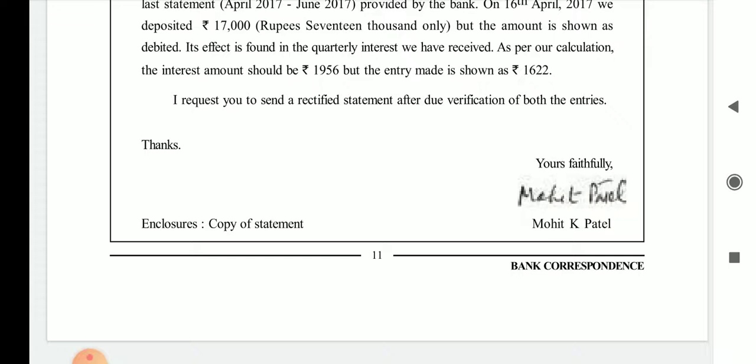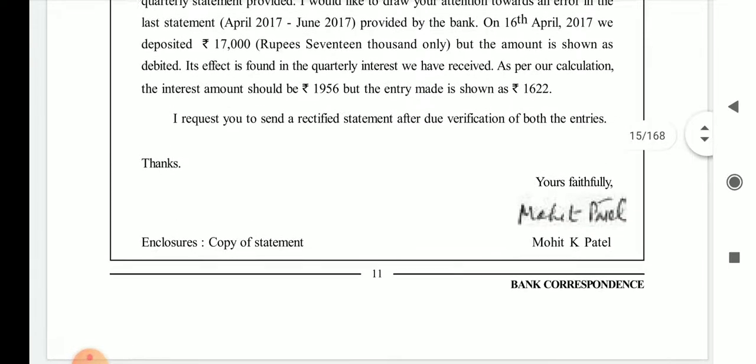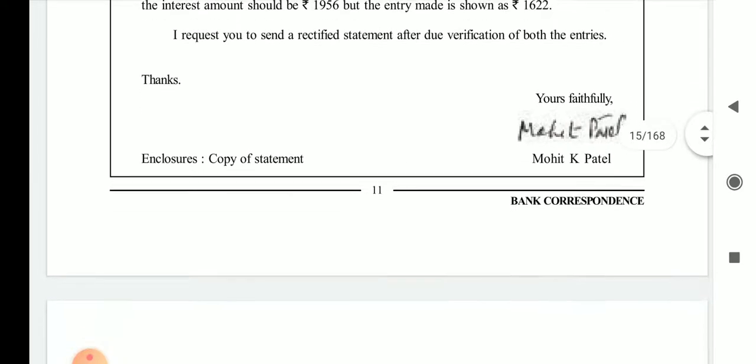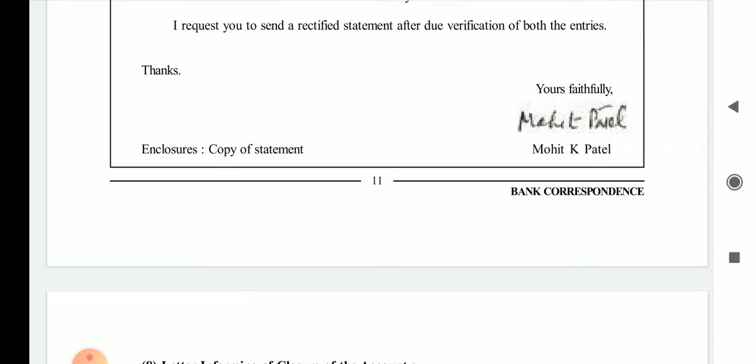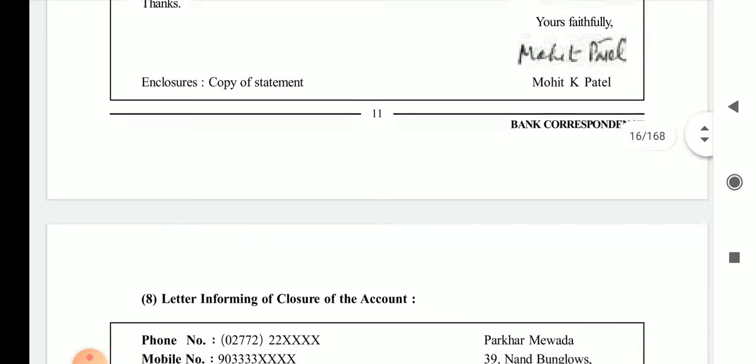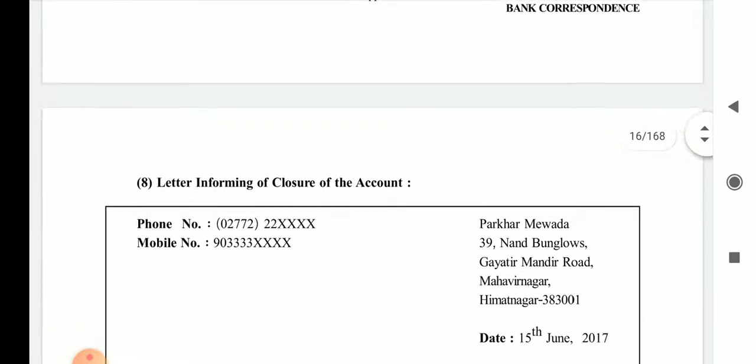Thanking you is not mentioned because this is a financial matter in which a loss has occurred, so we have no need to write a thank you. Yours faithfully, Mohit K. Patel, enclosure: copy of statement. Here Mohit Patel also attaches a copy of the same.